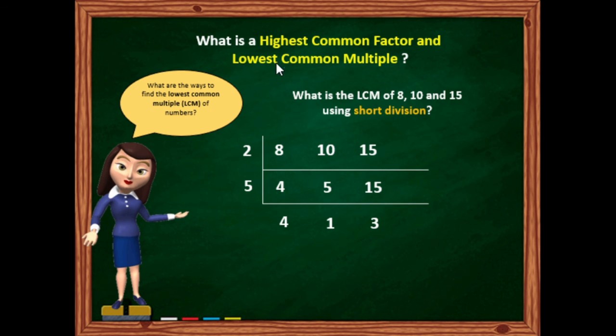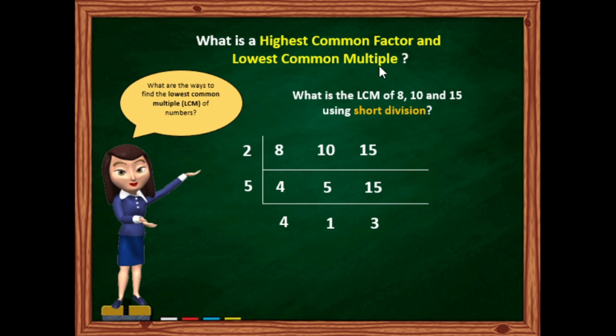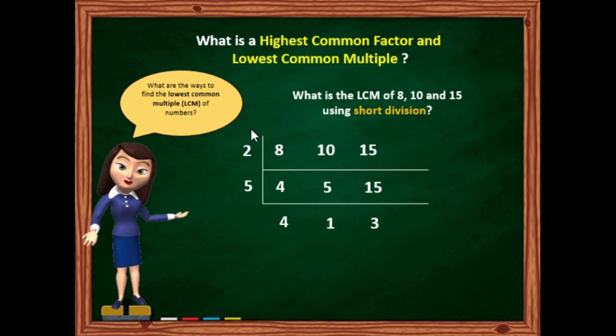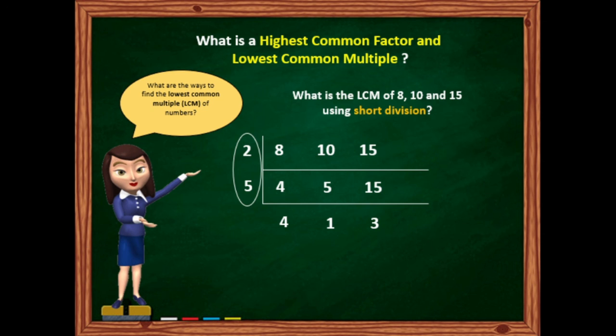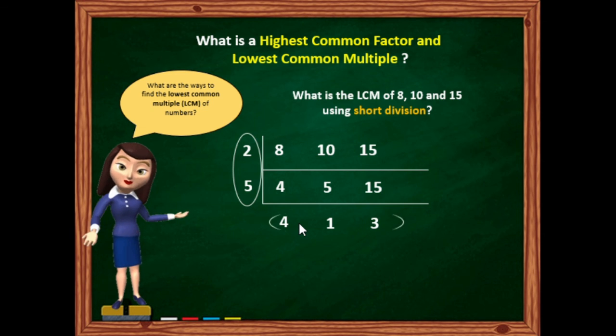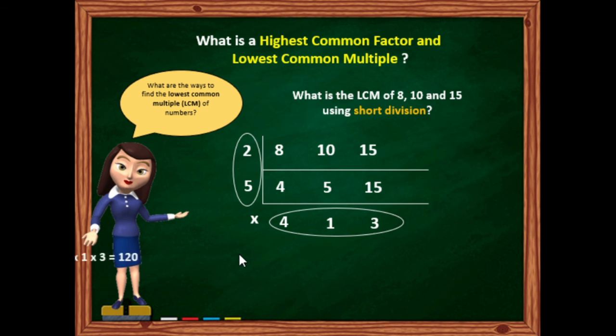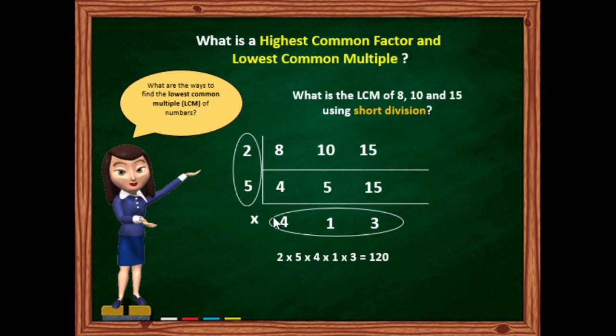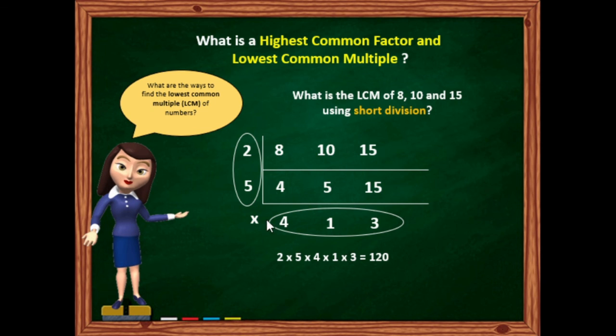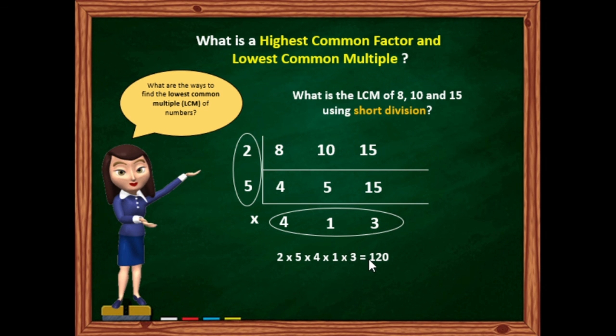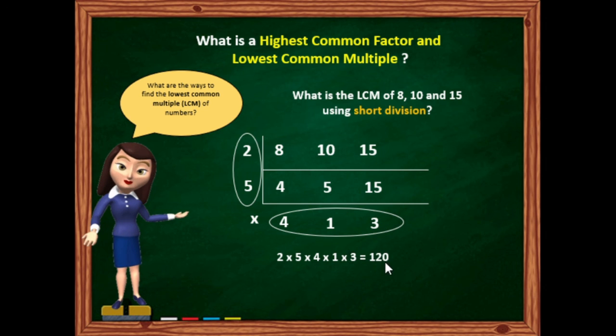So to find the lowest common multiple for these numbers, you have to look at the numbers at your left and the numbers down below, and then you multiply them. That gives us 2 times 5 times 4 times 1 times 3, a total of 120.